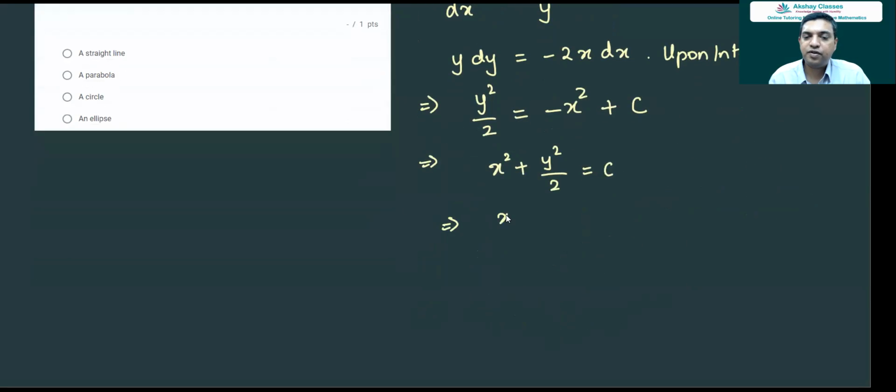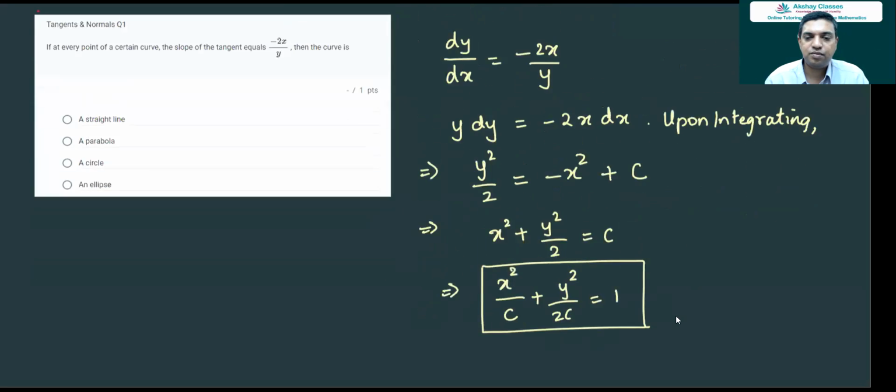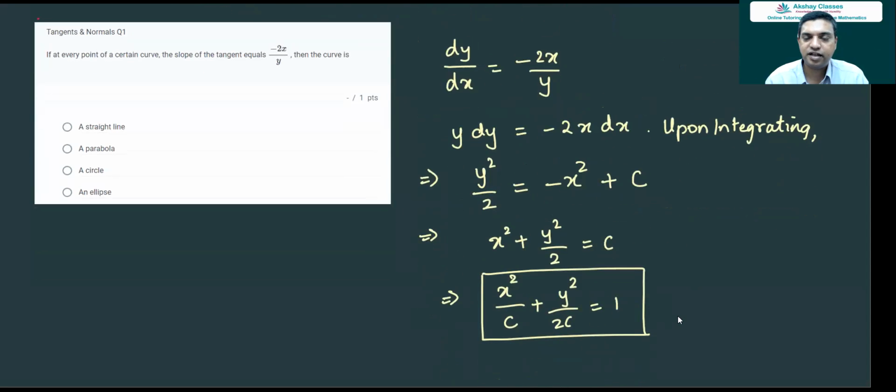This is now of the form x square by c plus y square by 2c is equal to 1. What does this curve represent? Ellipse. Yes. So this is an ellipse. That is the answer.